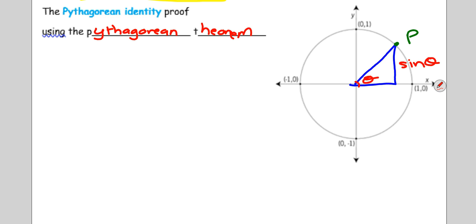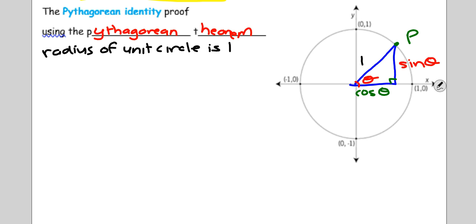Just reminding ourselves of these things. It's a right angle triangle. What's the radius of the unit circle? 1. Good. So the radius of the unit circle is 1, so let's mark that on the triangle too.